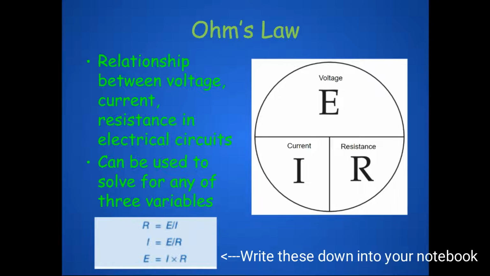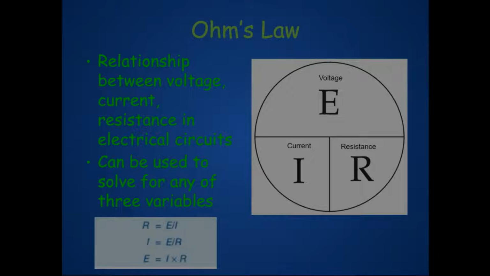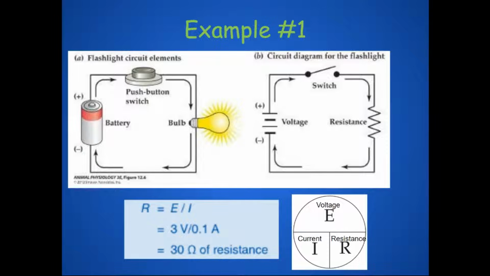So take a second to write this down if you are not familiar. So let's look at an example. Example 1, let's say you want to calculate the resistance of a flashlight bulb. You know that your batteries are providing 3 volts and you are drawing 0.1 amp of current flow.